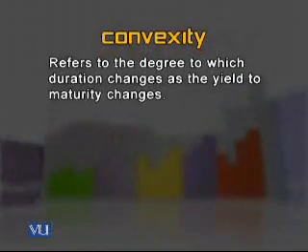If you're talking about duration, you're talking about straight lines. If you're talking about maturity, we're talking about a standard feature. But if you're talking about convexity, we're referring to the degree to which duration changes, and it changes as the yield to maturity changes.